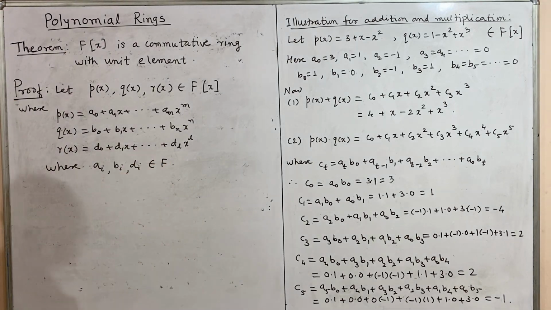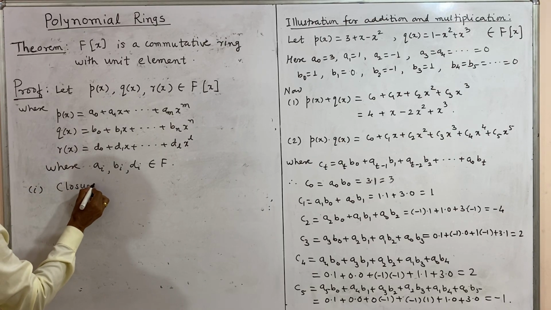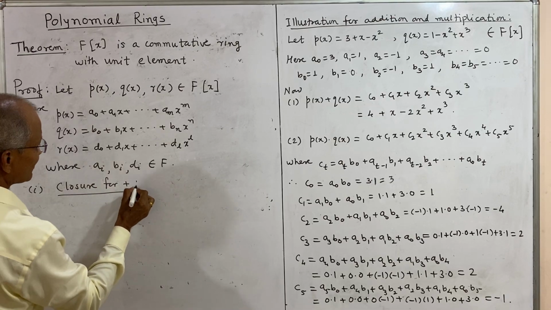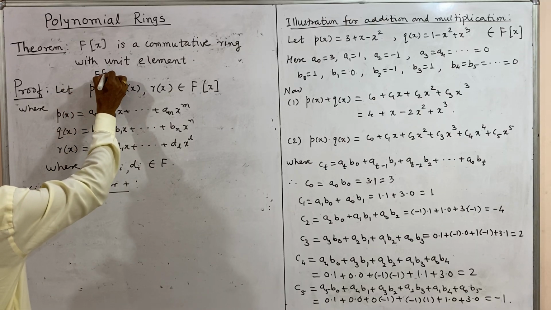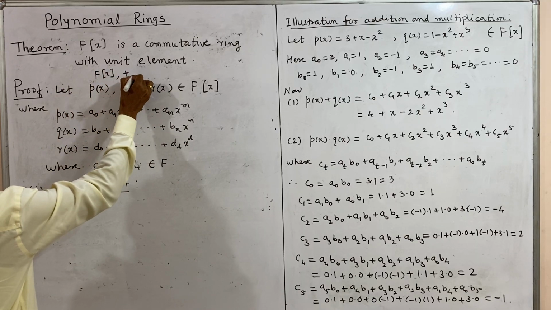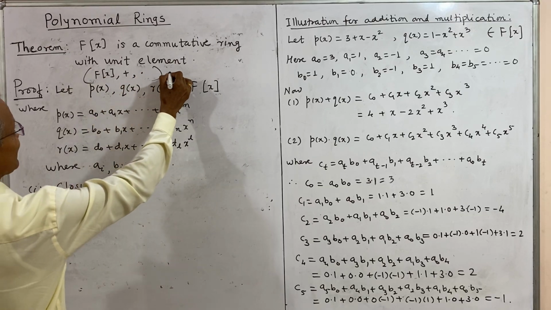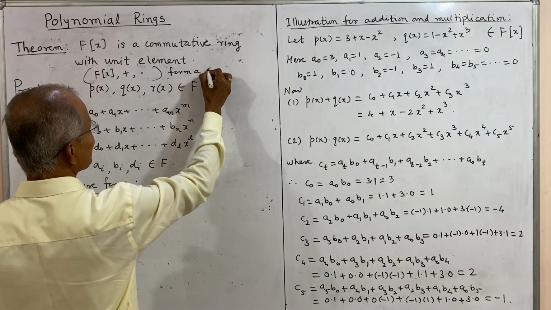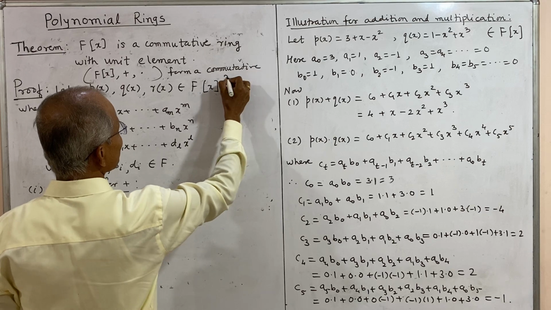And now we shall prove the properties for addition, closure for addition. We shall prove that this F of x with addition and multiplication forms a commutative ring with unity.